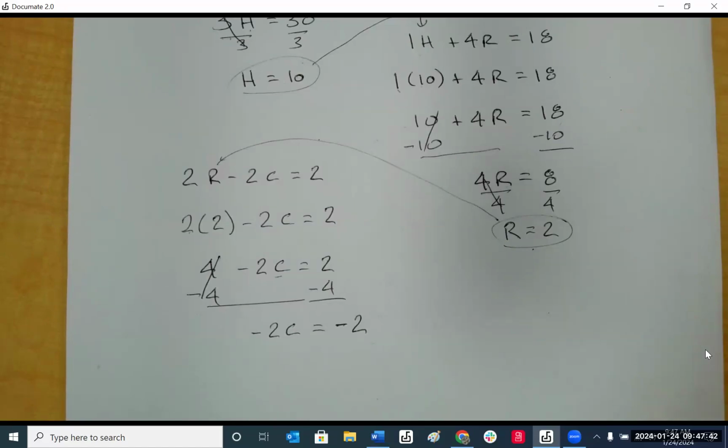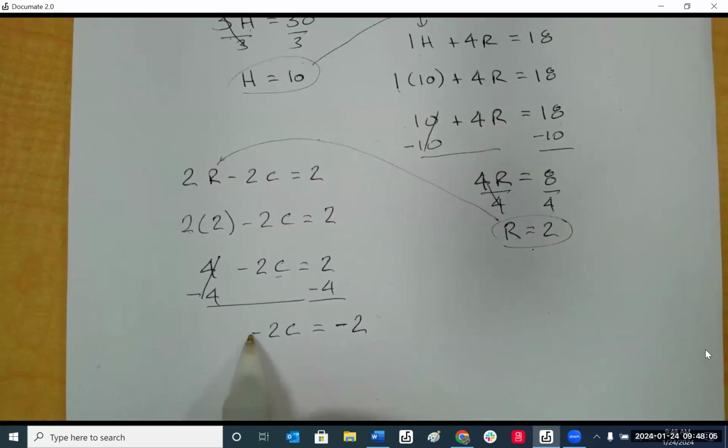What's your next step? Okay, here's what I try to show you guys, things that will decrease the chances of mistakes. Never divide by negatives. If you divide by negatives, you'll have signs all over the place. Treat the signs and the numbers differently.